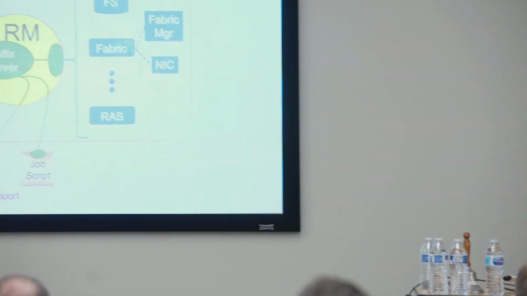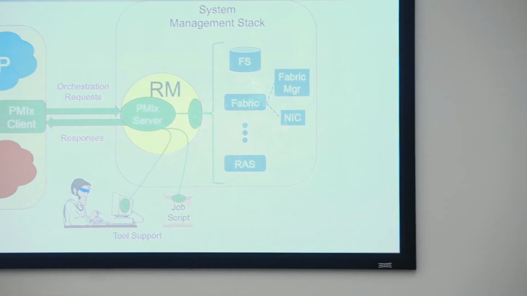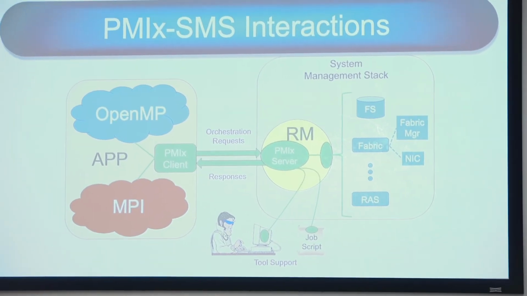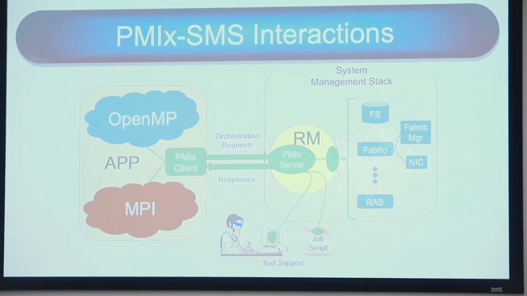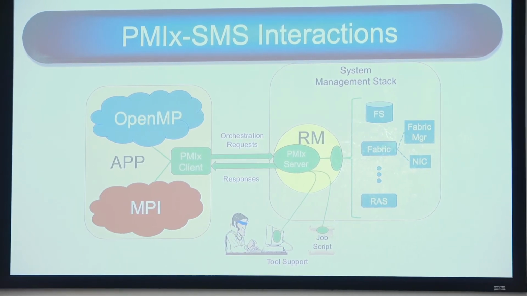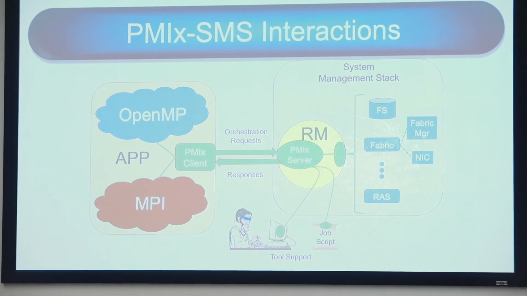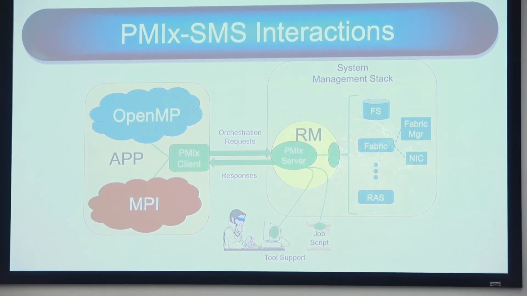So when you get done with all this, this is kind of what it looks like. You've got an application that might be a hybrid application. It's got a PMIx client library inside that is initialized. Then you've got the system management stack out there, and one member of it, usually the resource manager, is running a PMIx server library inside of it, and it's coordinating all the requests coming out of the client into the system management stack.